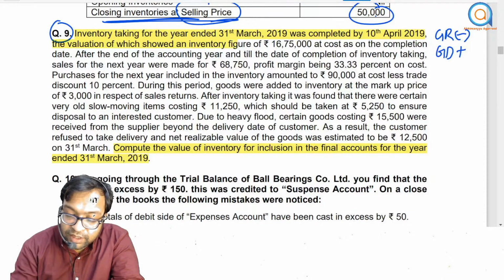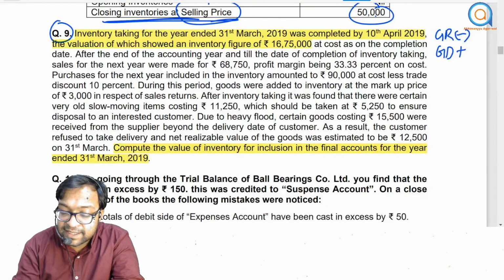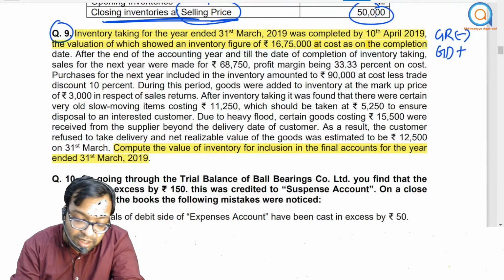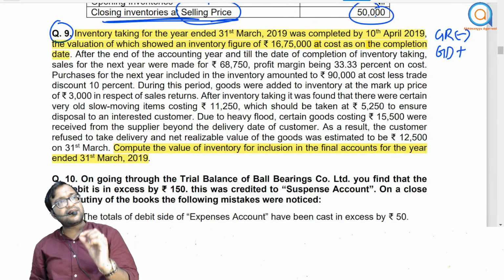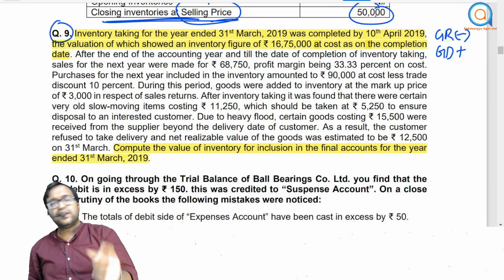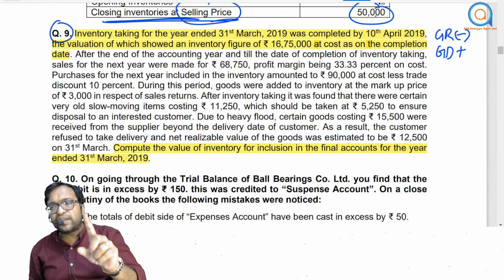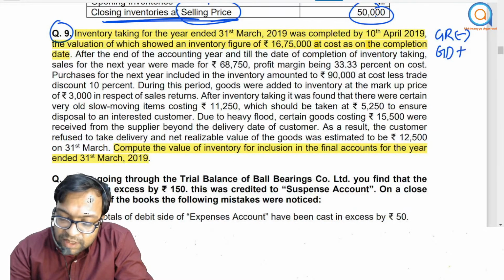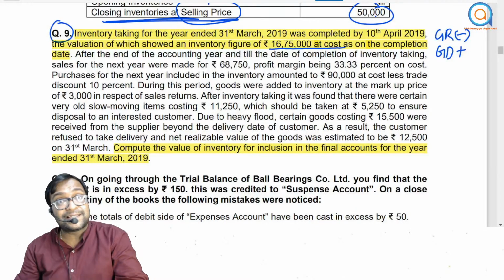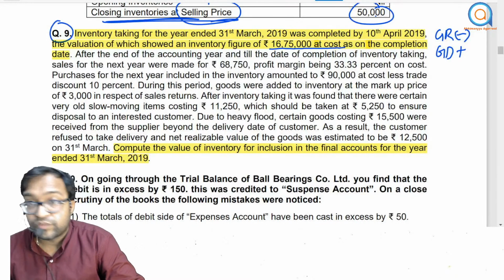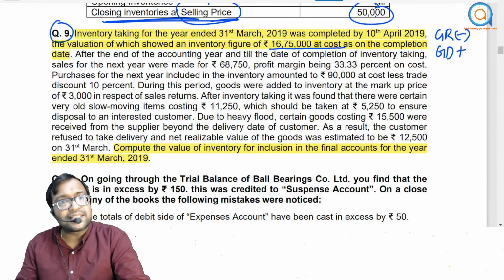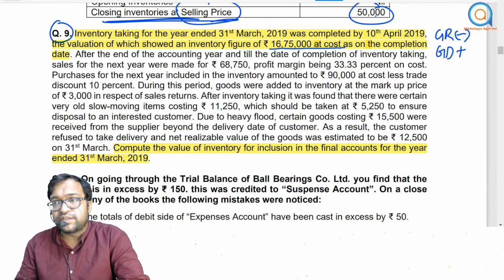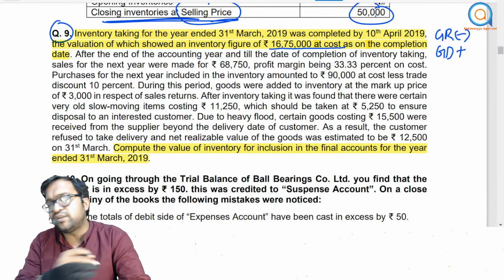Now, the valuation of which showed an inventory figure of 16,75,000 at cost as on the completion date. It means on 10th April they went to the godown, physically counted one by one, 1, 2, 3, 4, and found that there are goods worth 16,75,000, which is the cost of the goods lying in the godown.